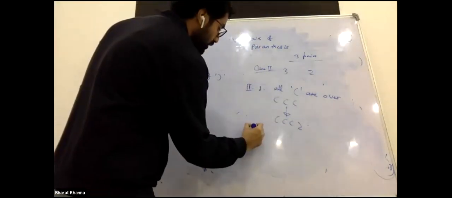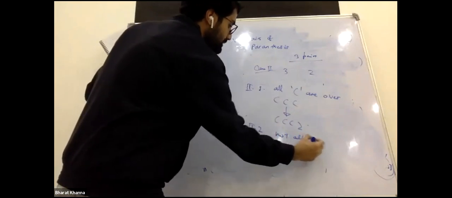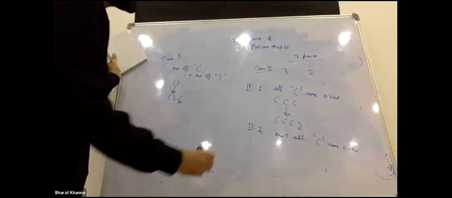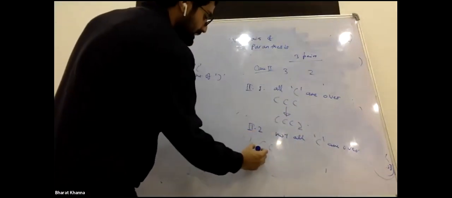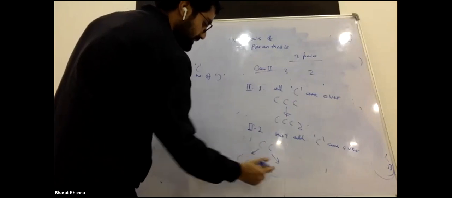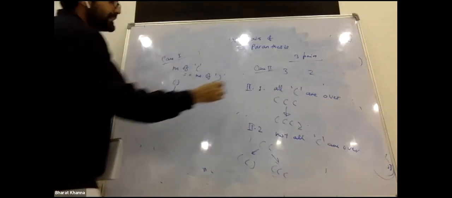And case 2.2 is that not all opening ones are over. If they are not over yet, then I have two choices: either I can close or I can open one more. That's it. So within this, there is only one case, and within this, there are two further cases.